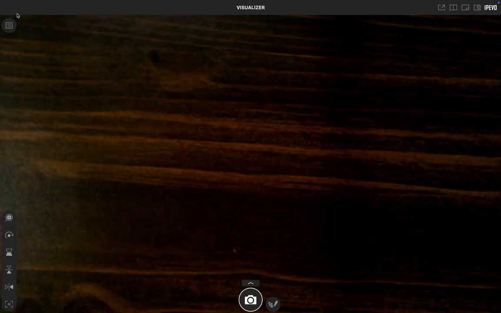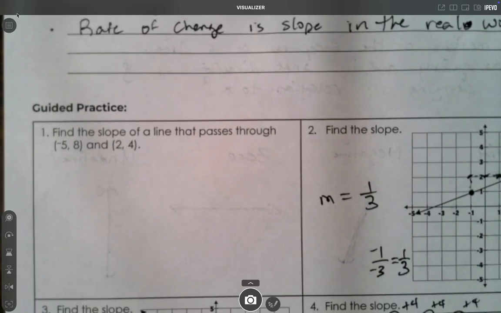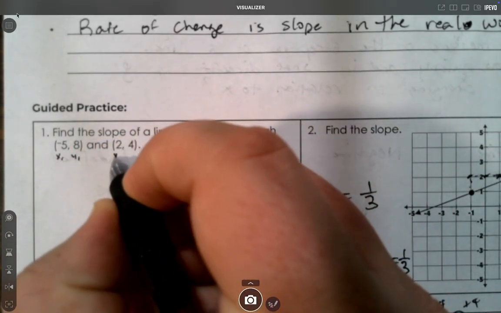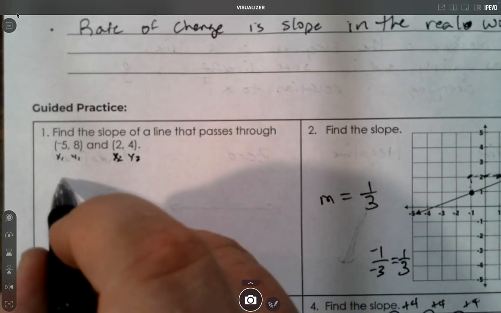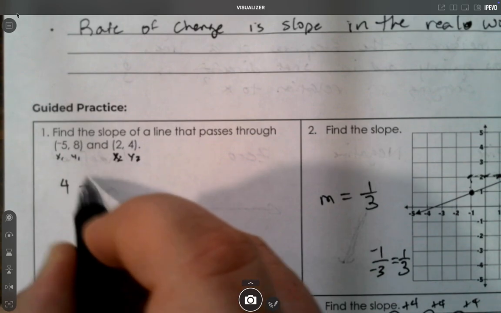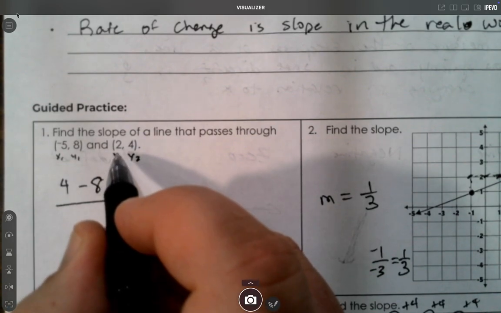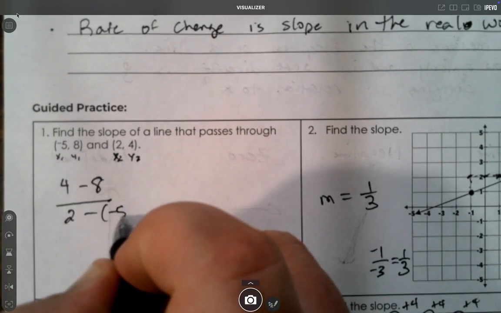So let's wrap up by practicing the last 2 on the back using the slope formula. So this is x1, y1, x2, y2. And we do y2, 4, minus y1, 8, over x2, 2, minus x1, -5.